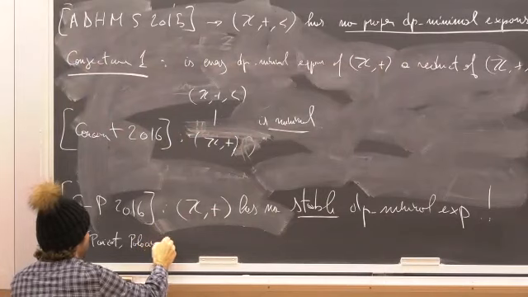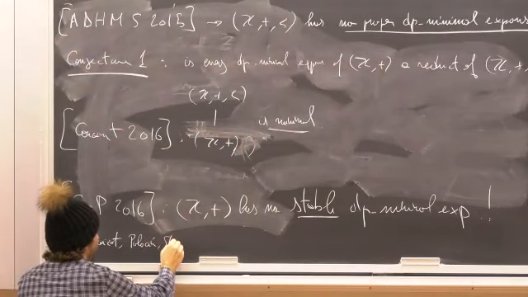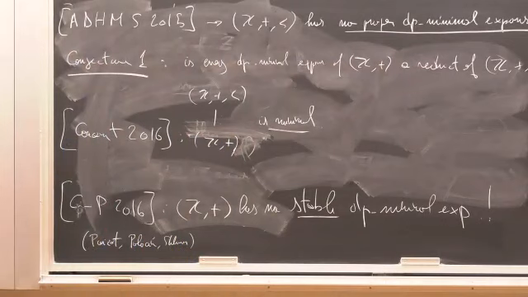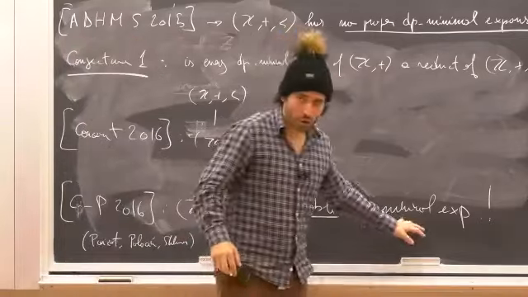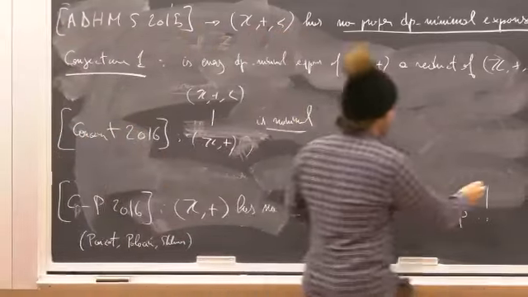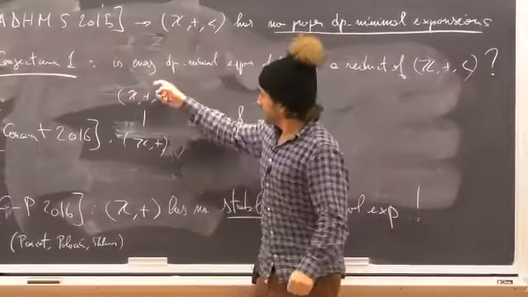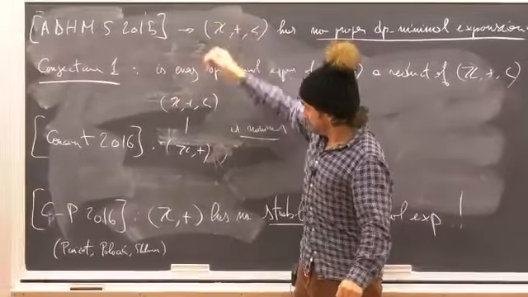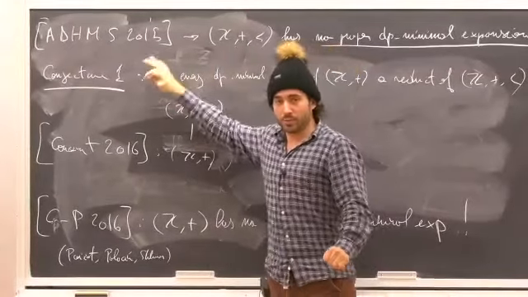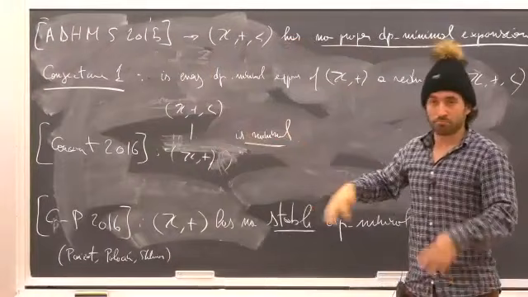Linus also worked a bit on this problematic, but okay. No stable DP minimal expansion. So when you look at this, there is no DP minimal expansion above; there is nothing in between, and Z plus doesn't have any stable DP minimal expansion.